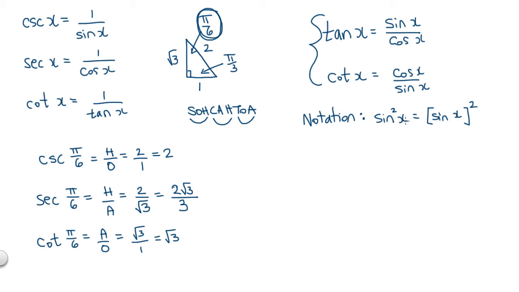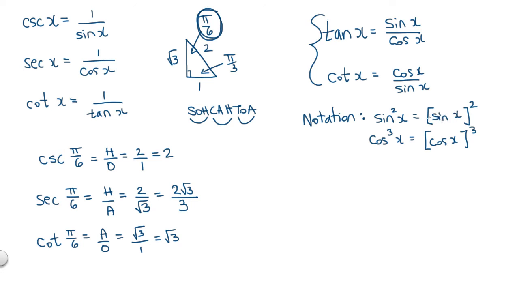Sine squared x means the value of sine x, squared. Similarly, if we write something like cos cubed x, that's exactly the same thing as saying cos x, all cubed. It's just a little bit of shorthand so that we don't have big brackets going on everywhere.